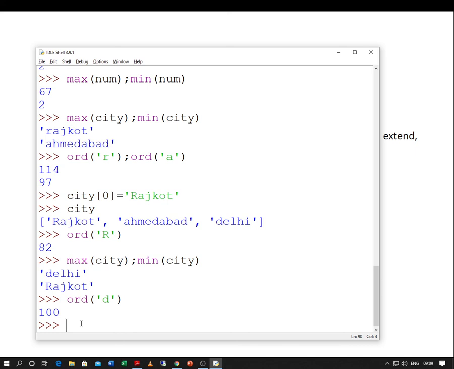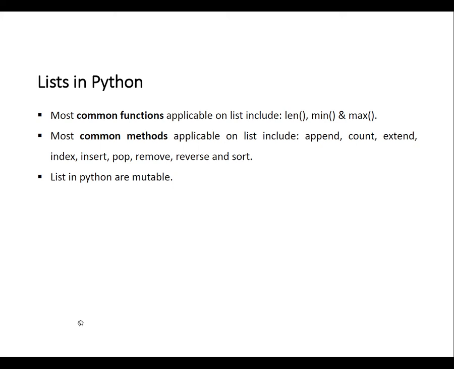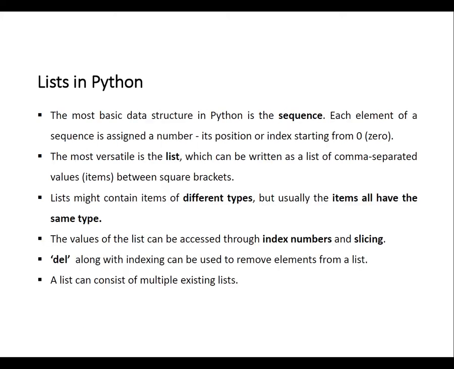So once again, let us try to recollect what we have studied so far. Today in this particular session we have studied what is a list. It's basically a sequence of elements within square brackets separated by a comma, but unlike arrays, every element need not have the same data type. Every element can have a different data type, that we have seen.